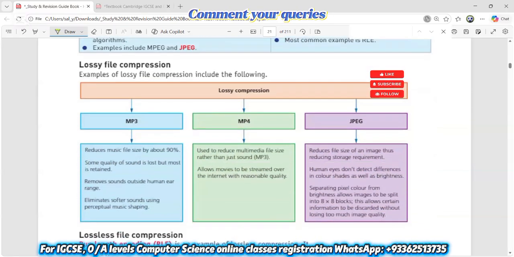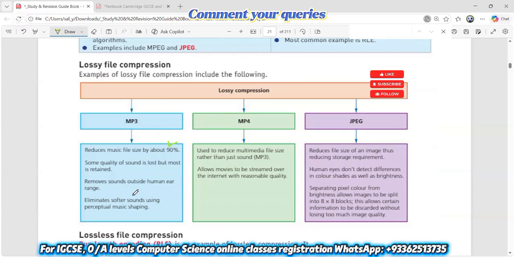MP3 is reducing the music file by about 90%. Imagine, 90% reduction means only 10% is there, and still the quality is good enough for your ears. Some quality of the sound is lost, but most of it is retained. It removes sounds outside the human ear range and eliminates softer sounds, as I said right now.